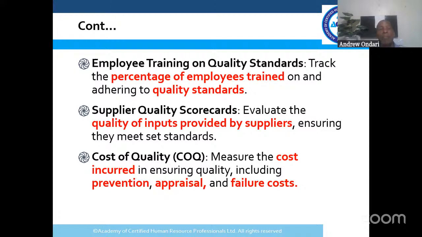So it is important to train employees on quality standards so they understand what is expected of them. For example, if a standard has to do with time, that a customer can be served within 3 minutes, the employee should be trained on time management, that a customer is served within 3 minutes.